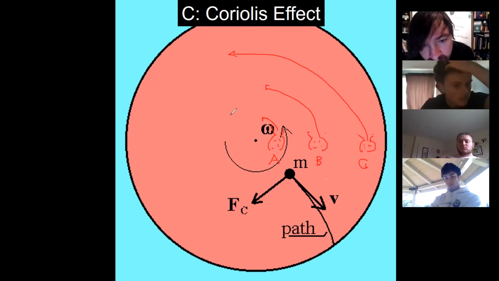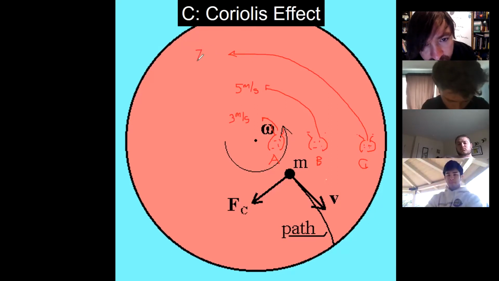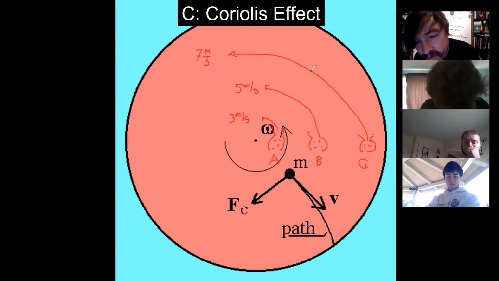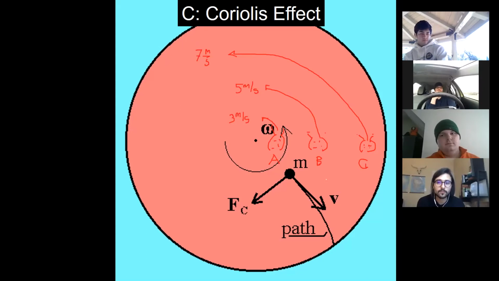That means ladybug A might be moving at, say, 3 meters per second. I'm making these numbers up, but so what? The ladybug in the middle might be traveling at 5 meters per second. And the lady on the outside might be traveling at 5 meters per second. Do those numbers make sense? Does it make sense to you guys why the outside ladybug should be traveling faster? They have to travel a bigger circumference in the same interval of time, 1/33 of a minute. Okay.